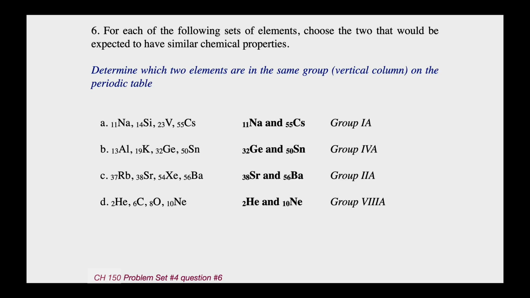Those would be the ones that should be similar. On C, strontium, Sr, and barium, Ba, are in the same group 2A, the alkaline earth, so they're similar. And the last one, the noble gases helium and neon, He and Ne, have similar properties. So if you go up and down in a group, you should find very similar properties amongst the elements.